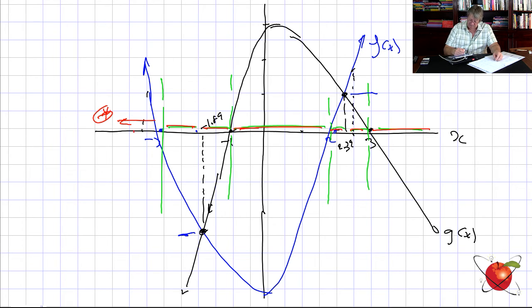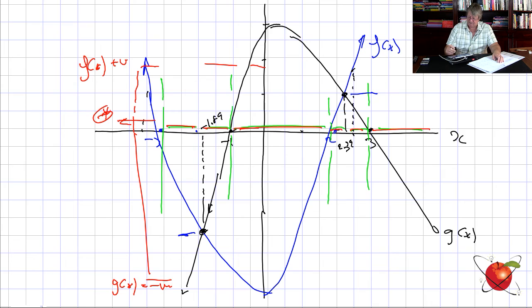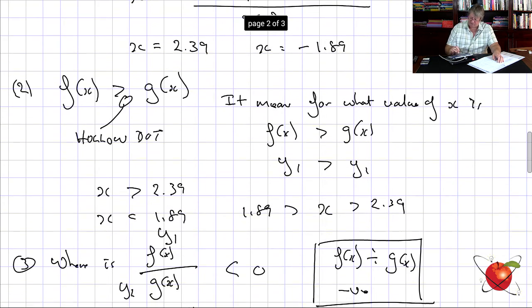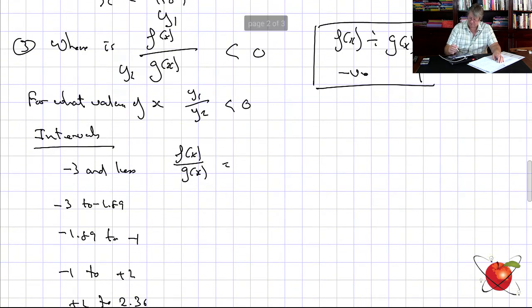So if I've got a number less than 3, f of x, the blue, f of x is positive. It's a positive number. And I go down and I say g of x is negative. So I have got a positive over a negative, a plus over a minus. And if we divide that, we get negative.